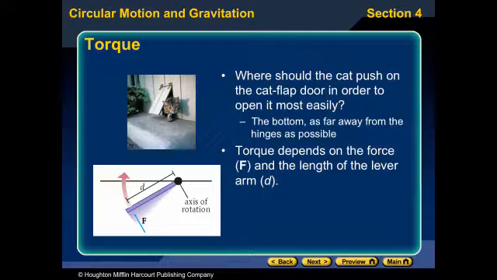You get the most movement out of the force that you're applying. So the torque depends on the force and the length of the lever arm, which is d. Here, think of this as the door, the force, and then the lever arm is how far the force is applied from the axis of rotation.